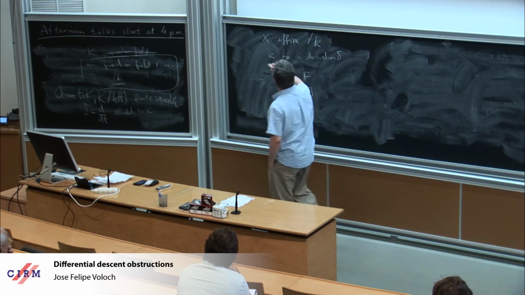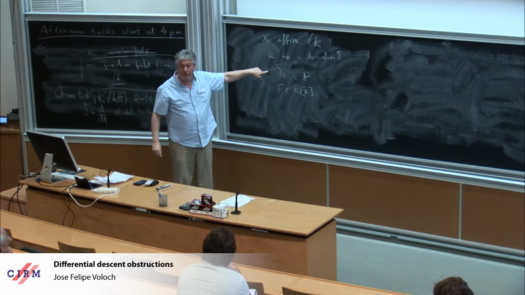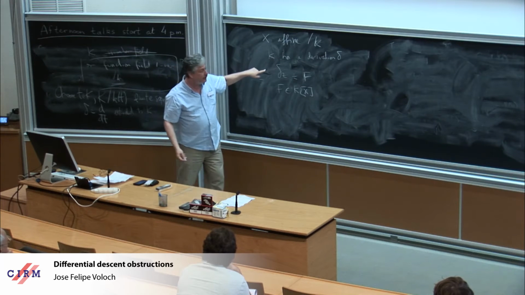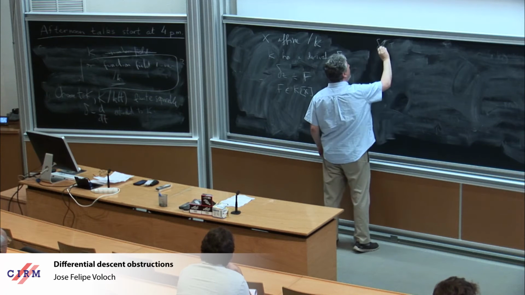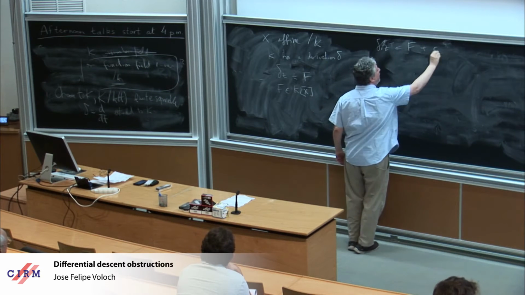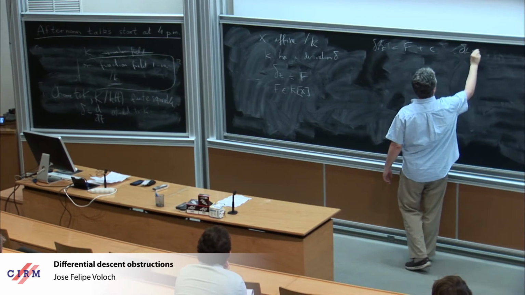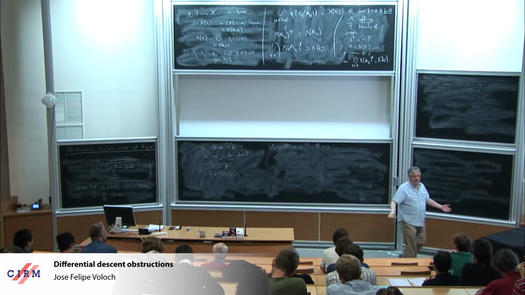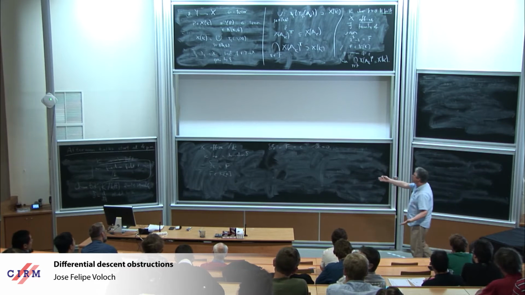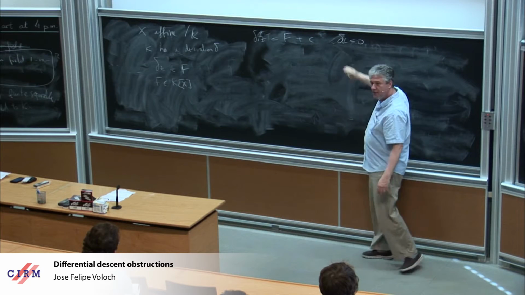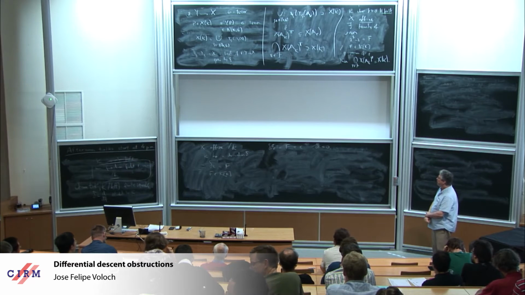But you can ask the same question. We can look at, so what are the torsors, or the twists of this cover? The twists of this cover are like in calculus, right? So the twists are delta z equals f plus c, where c is in the constants for the derivation, which in characteristic 0 is the actual constants, and in characteristic p is the p-th powers, but we'll just say that.